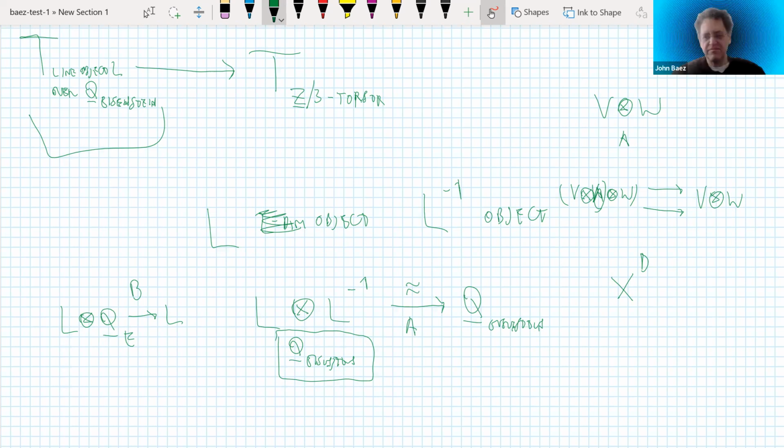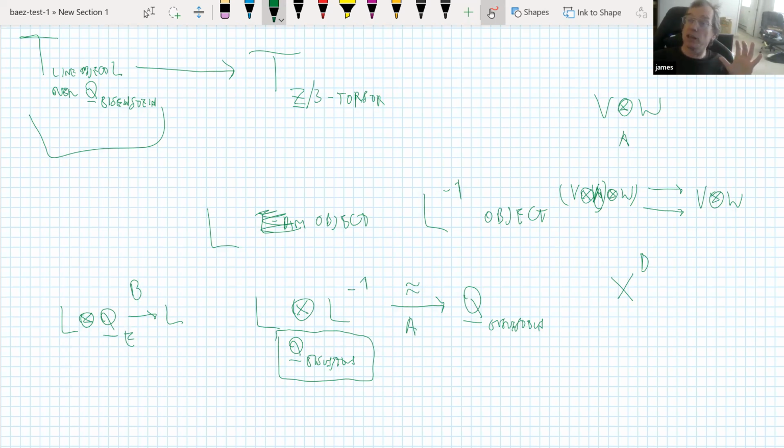The total space, that's like the sum of the fibers. So that total space is like a left adjoint to the thing going the other way. What is the thing going the other way? The thing going the other way is the process of taking a trivial bundle, which is just kind of like some extension of scalars.